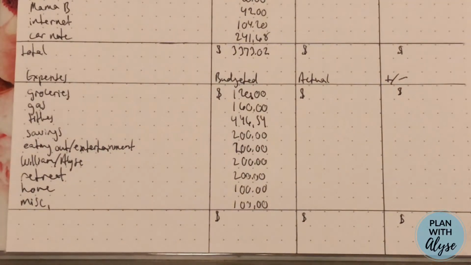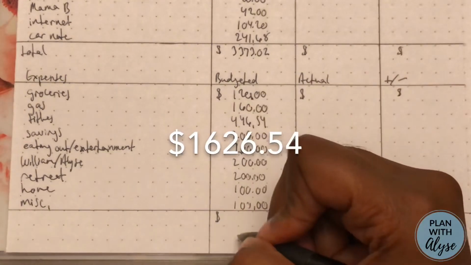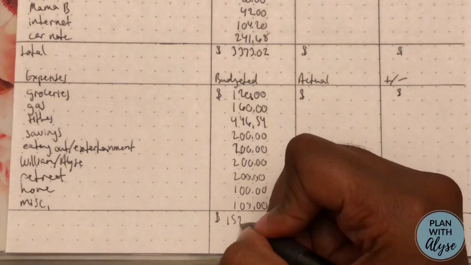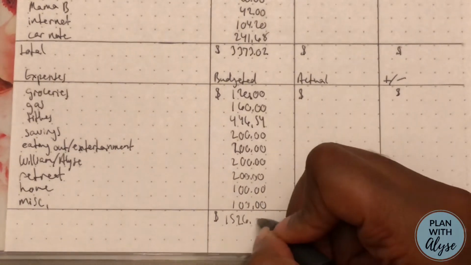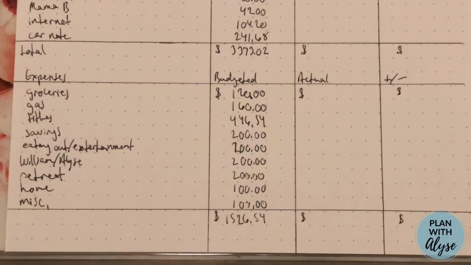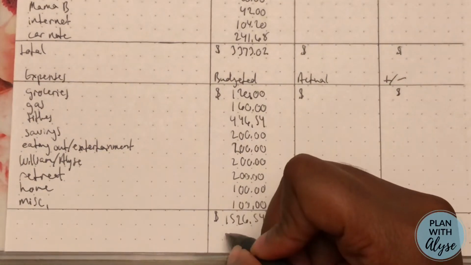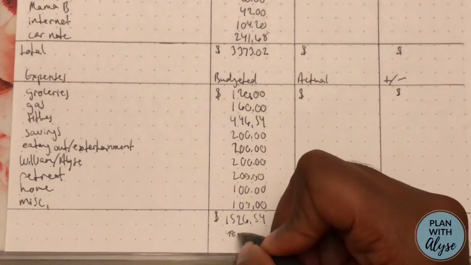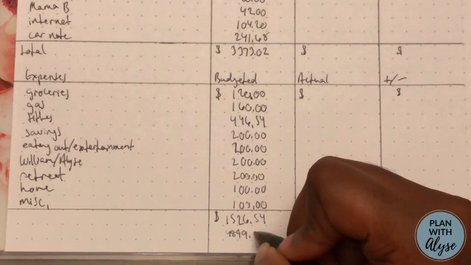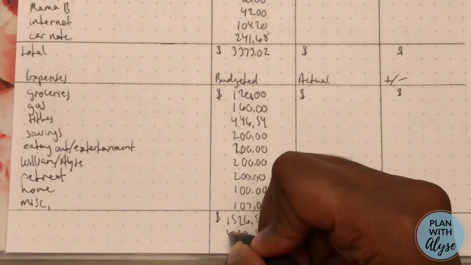So let's see what this comes out to. All right, I got 1526.54. Let me know if you got something different. So this plus 3373.02 comes out to 4899.56 is our total budget for the month.